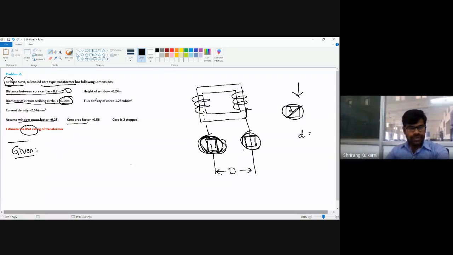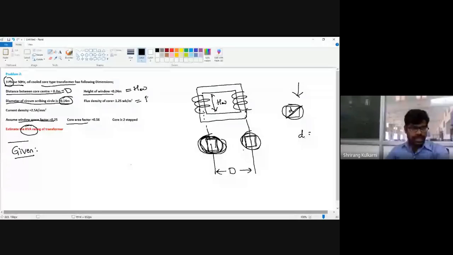Then the height of window HW is given. The flux density is Bm.